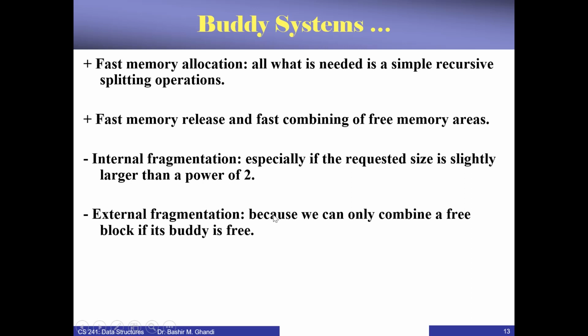So it will remain small until the buddy comes back, then we can combine them to form bigger blocks. So in that sense, there is also external fragmentation. There are small blocks within the unallocated part that cannot be combined to form larger blocks until the buddy is back. So this is basically about the buddy system.